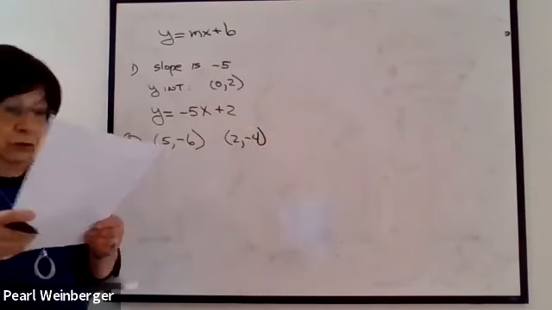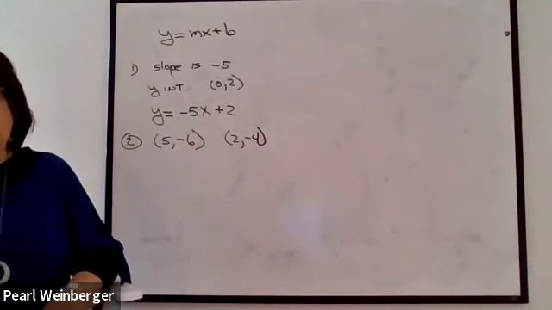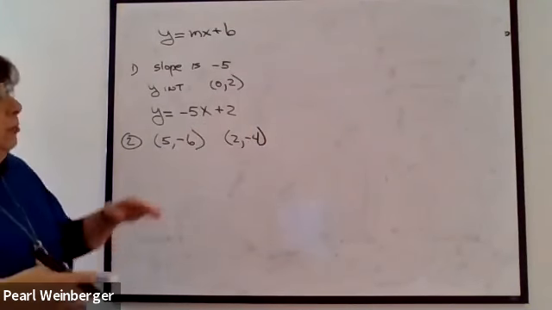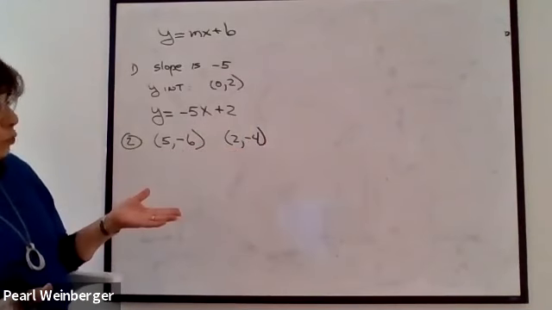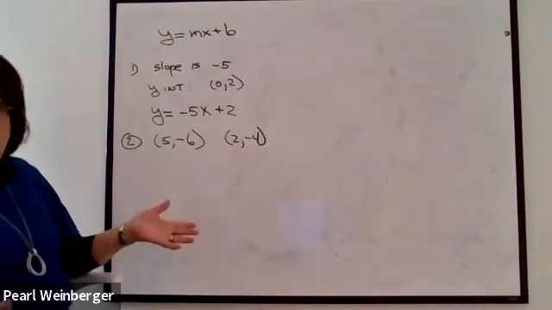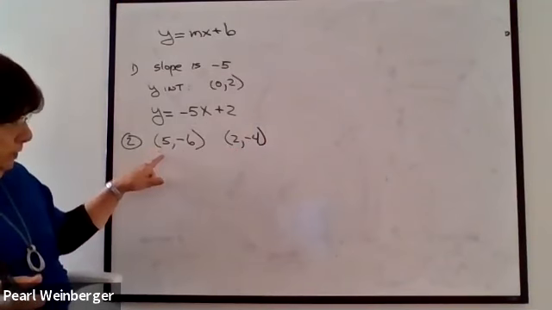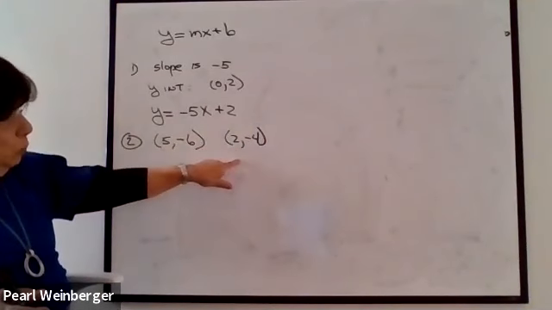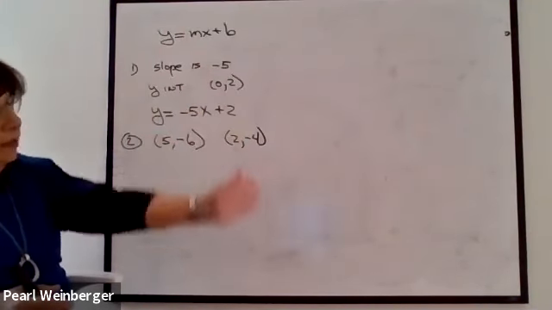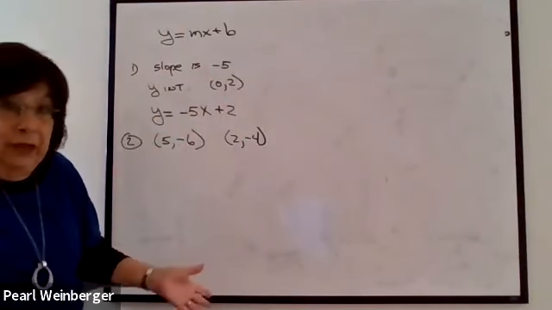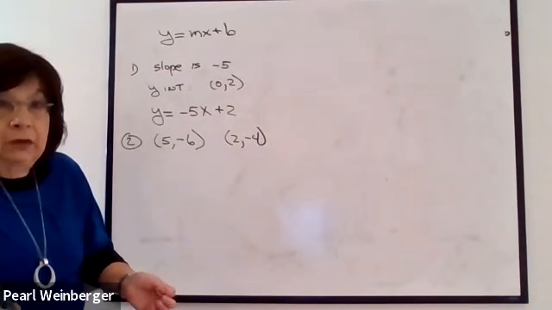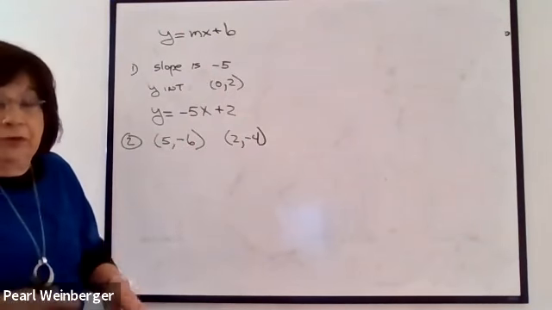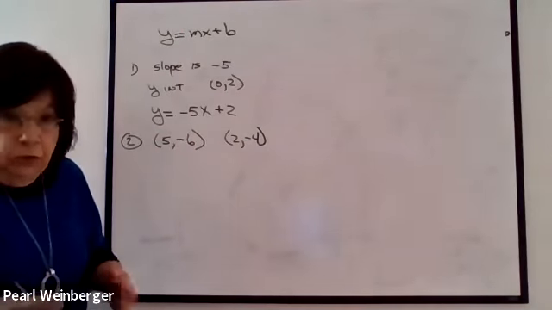Suppose I ask you to write the equation of that line. How do I go about writing the equation of the line where I'm given 2 points? Obviously, I could draw the line because all I have to do is plot these 2 points on my graph and connect them. I would have a picture of that line, but I don't have the equation of the line. So that's the type of questions we're going to be dealing with this whole period.